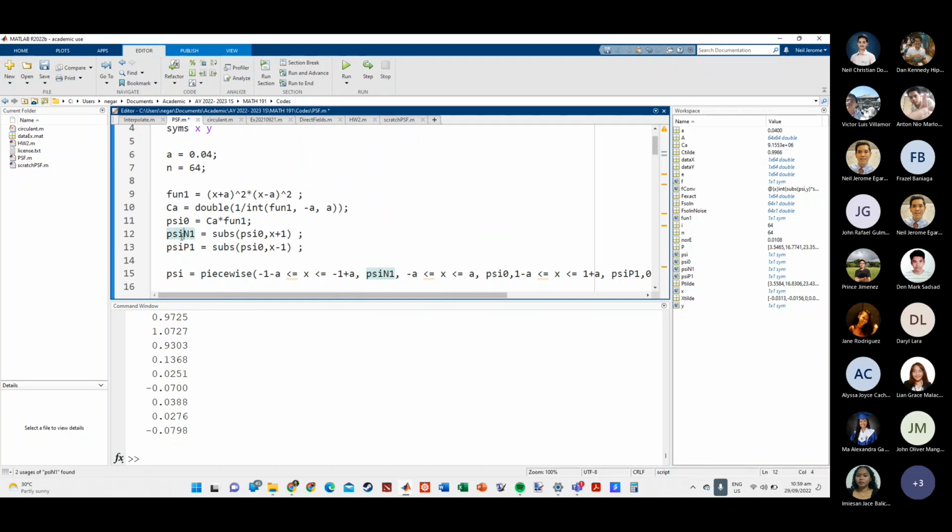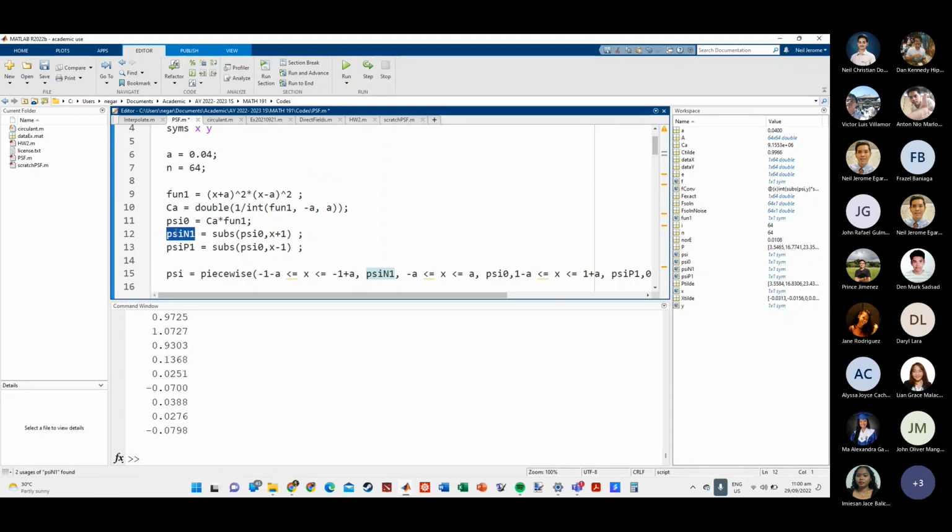Ibig sabihin, ito yung function value, ito yung kopya ni psi sub 0 on the interval from -1 minus a hanggang -1 plus a. Remember si function psi, ay copies ni psi sub 0 sa mga intervals of the form n minus a hanggang n plus a. Ngayon, ang n ko ay -1. So, ibig sabihin si psi n1, siya yung kopya ni psi sub 0 from the interval -1 minus a hanggang -1 plus a.